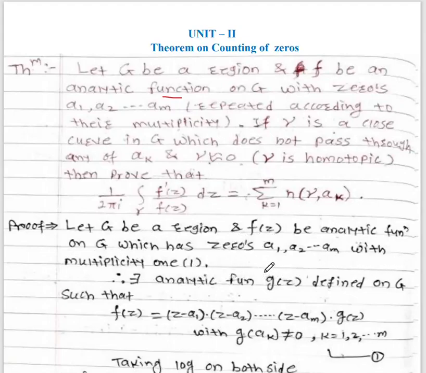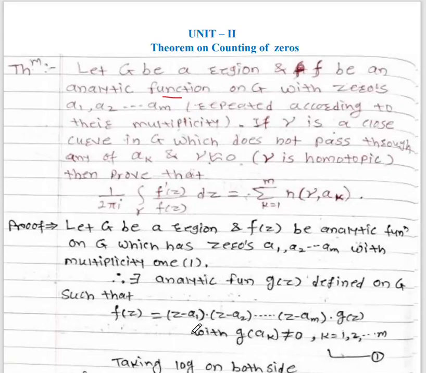Therefore, by using the definition of multiplicity, there exists a function g(z) defined on region G such that f(z) equals (z minus a1)(z minus a2)...(z minus am) into g(z), with g(ak) not equal to 0 where k equals 1 to m. This is equation number 1.